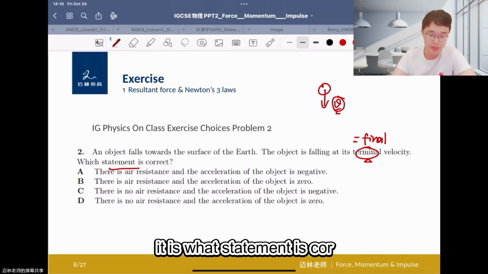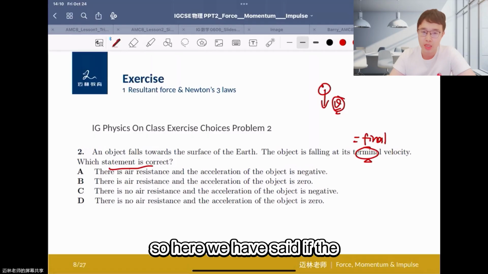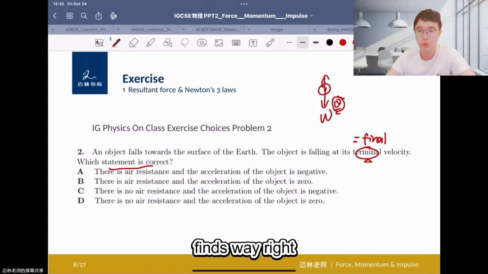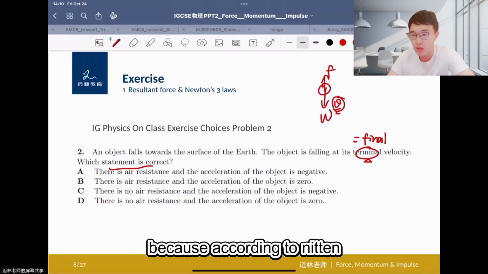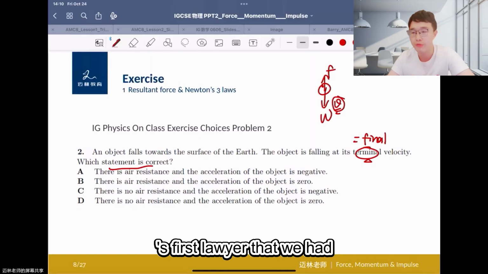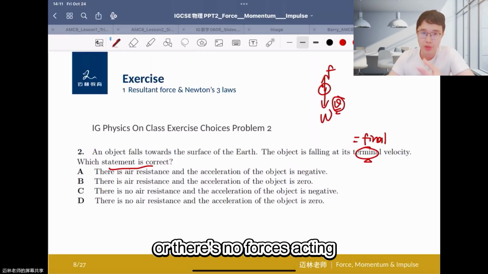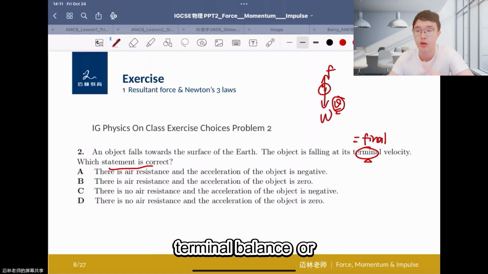So here is the question: what statement is correct? If the object falls to the Earth, it will experience two forces on its way, right? But there must be an air resistance force to balance it. Because according to Newton's first law, the resultant force is zero, or there are no forces acting on the body, which makes the object reach a terminal velocity.